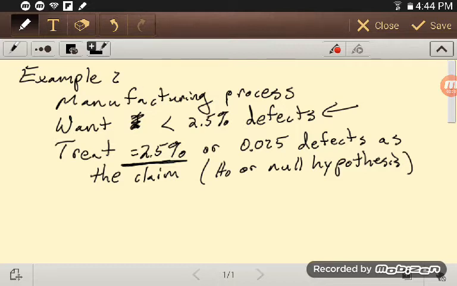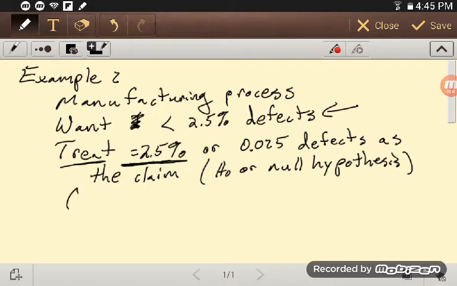So we're going to say it's 2.5%. And if we go sample it and it's less than 2.5%, then we're probably pretty happy. But if it's more than 2.5%, ooh, maybe not so good. And so that's what we'll do, we're going to treat this as equal to 2.5%.